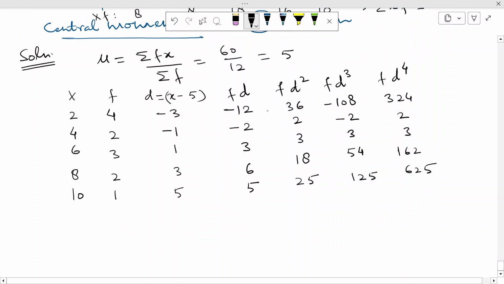So from this table you will get summation FD. Summation FD means the sum of this column. So summation FD is coming out as 0, which is certain. Why? Because you are calculating the deviation from the exact mean. And next we will have summation FD square, which is coming out as 84.